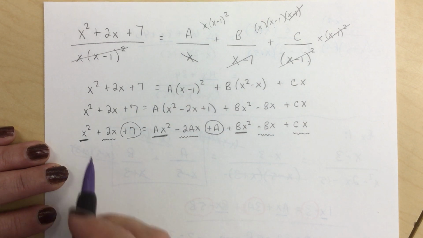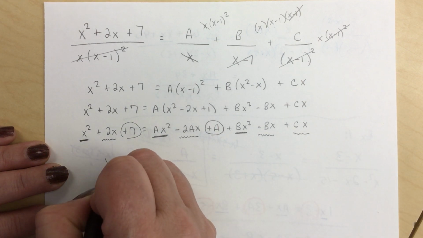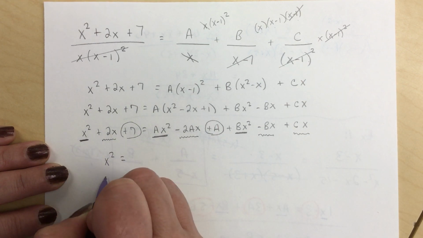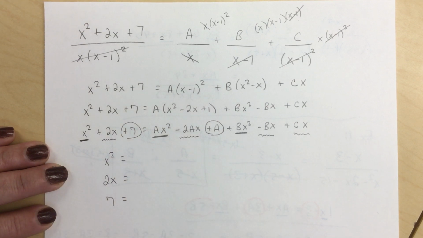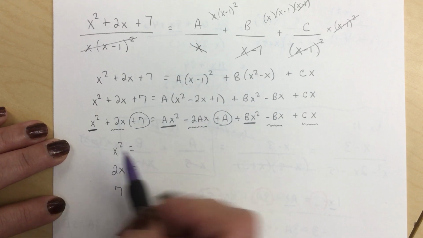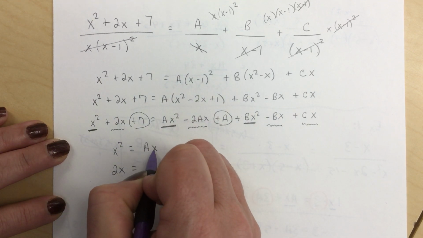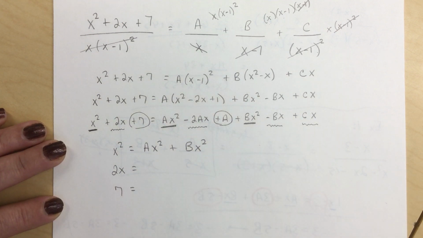So because I have 3 different types, I'm going to have 3 different equations. I'm going to have an x squared equation, I'm going to have a 2x equation, and I'm going to have a 7 equation. So the x squared equation is going to be x squared equals ax squared plus bx squared.